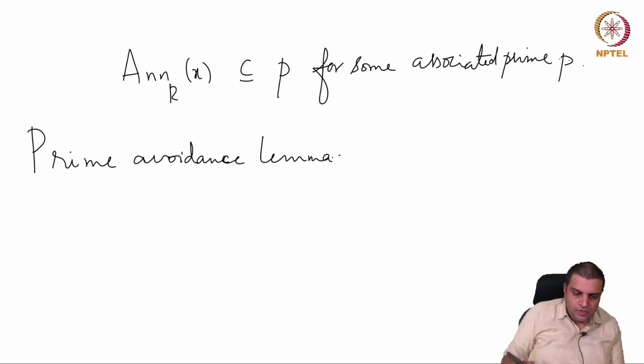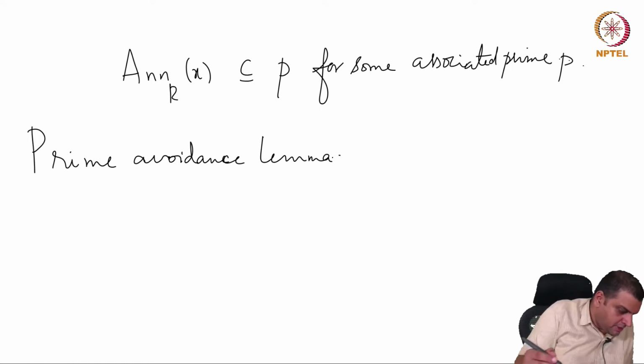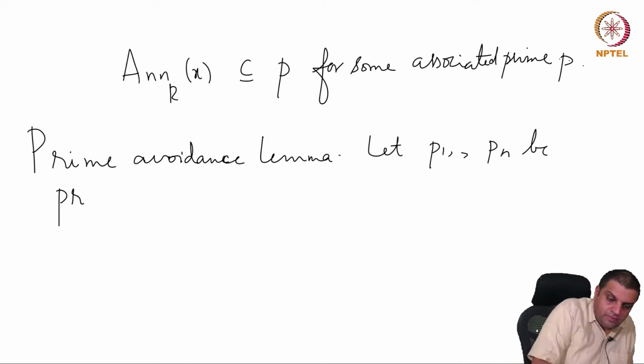Okay. So here it is, a statement about arbitrary rings. Let P1 through Pn be prime ideals.